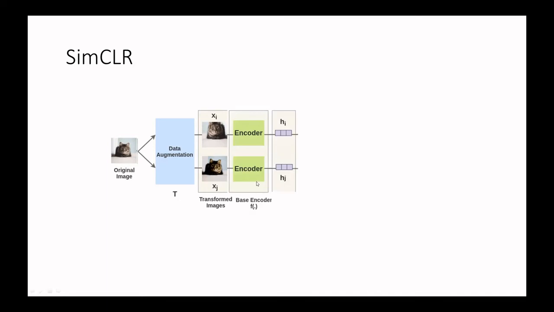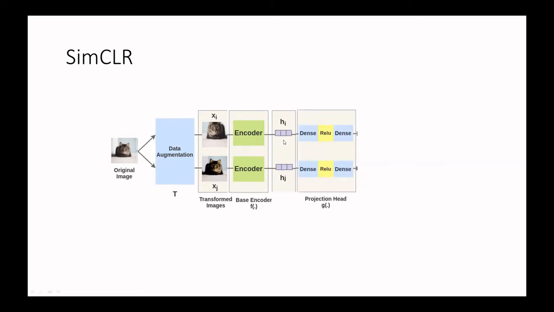Suppose we have a training corpus of a million unlabeled images. For each image in a batch, a random transformation function is applied to get a pair of two images. Each augmented image in a pair is then passed through an encoder to get an image representation, and this can be a ResNet 50 architecture also.